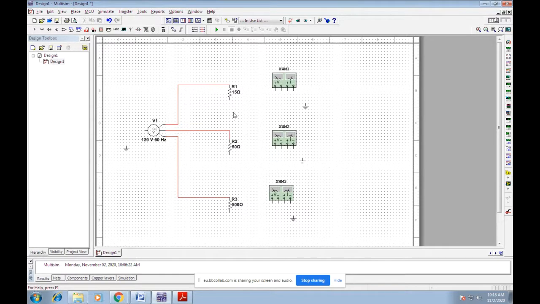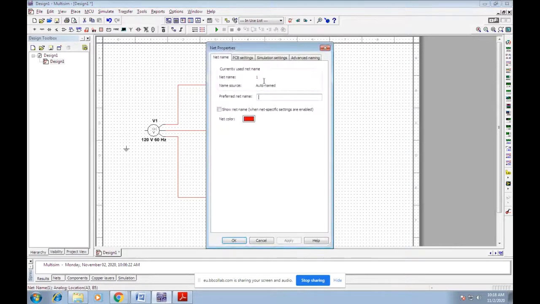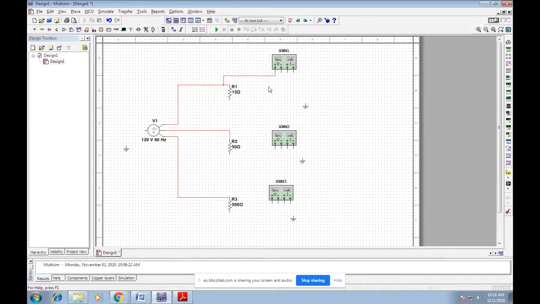Across these loads R1, R2 and R3, you can observe that initially we are using only the resistive load. Across these loads, we are supposed to find the voltage and the current. First, how to connect the voltage? We will connect it across the resistance: positive over here and negative to the end of the resistor.